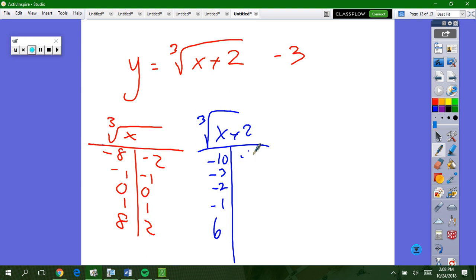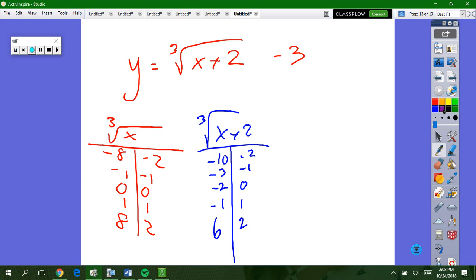And it gives me negative 2, negative 1, 0, 1, and 2. And if you don't believe me that it does give me these values, can I check it? Let's pick negative 3. What's negative 3 plus 2? Negative 1. What is the cube root of negative 1? Negative 1. It does work, doesn't it?